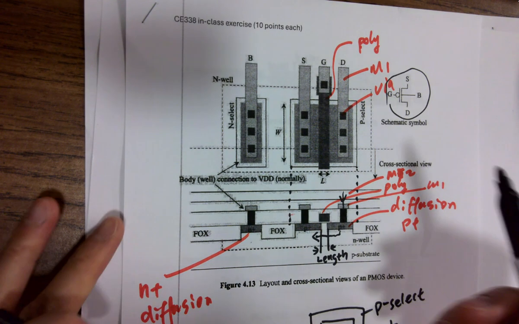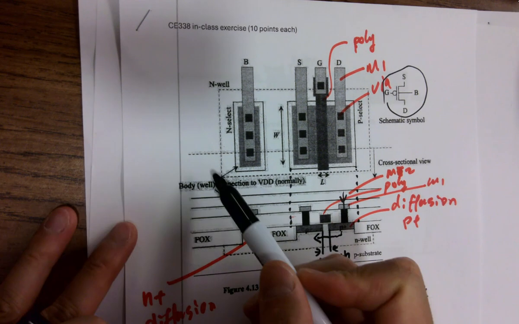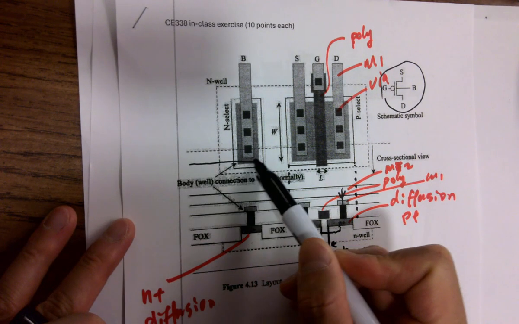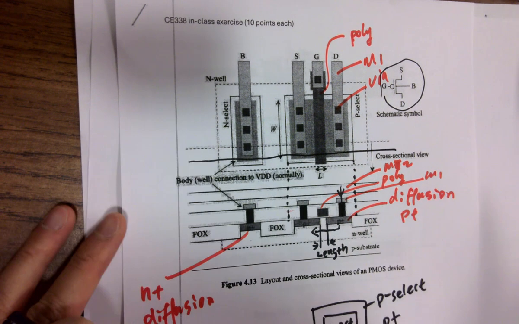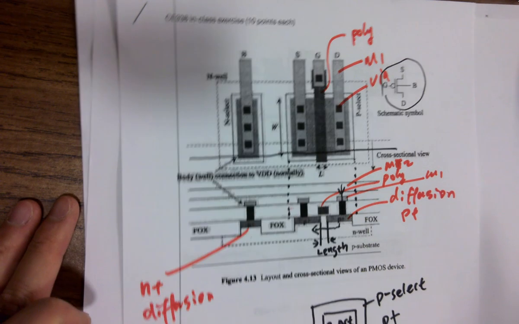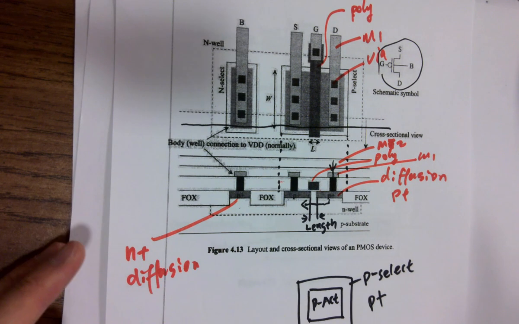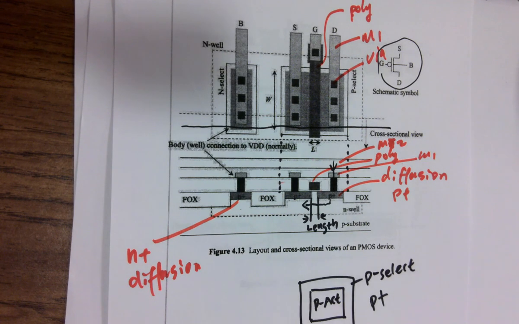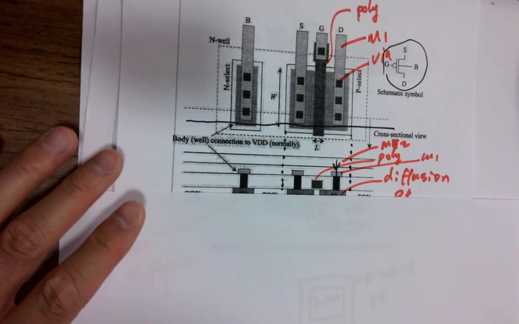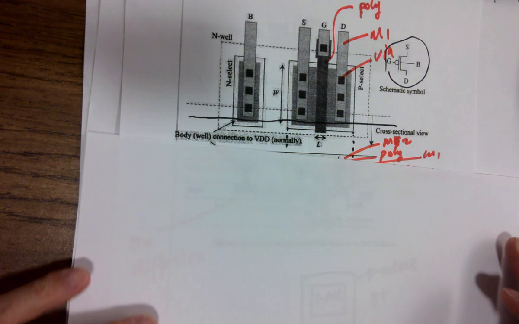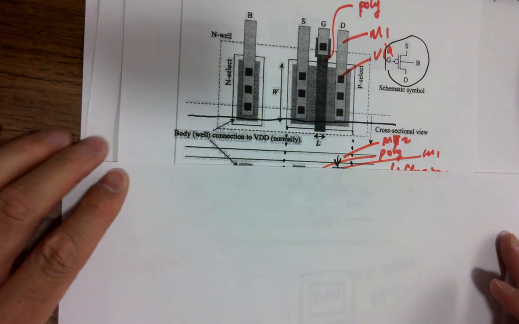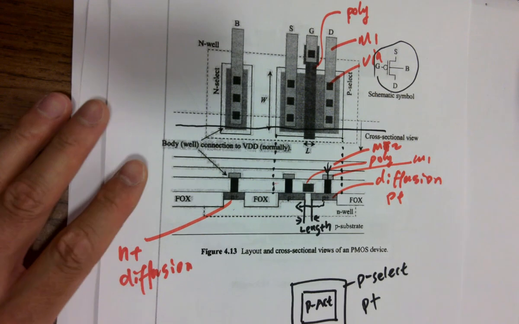If I draw a line here, are you able to draw a cross-sectional view of it? Let's do it. Yeah. Remember, it's a bottom-up process. One more quick note here.